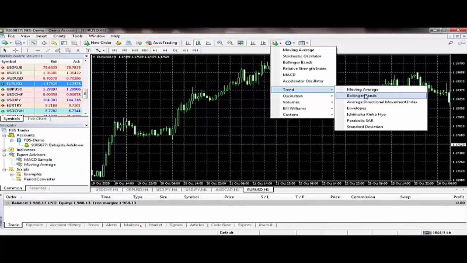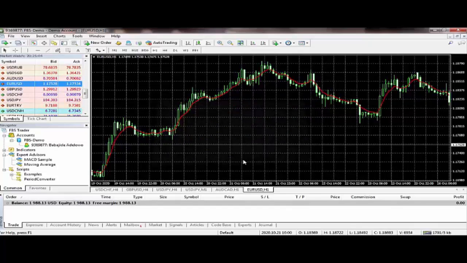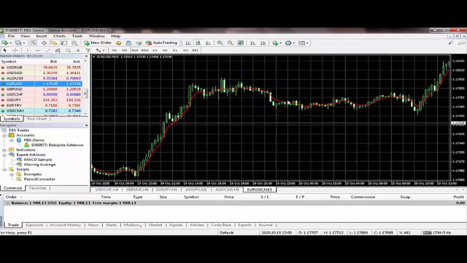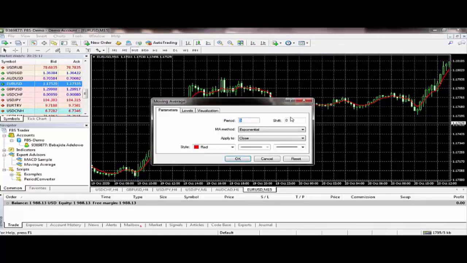Let me give us a good strategy around moving average. It is moving average 5, exponential this time around. Then you click it and you will see it there. The strategy is on the 50-minute chart. Then you go for another moving average, 20.